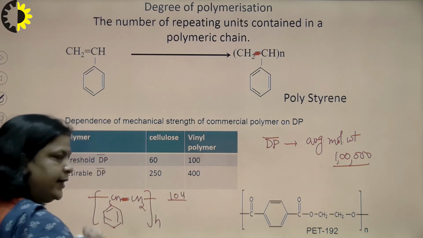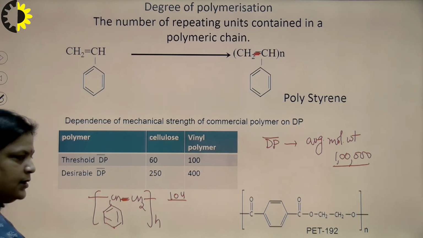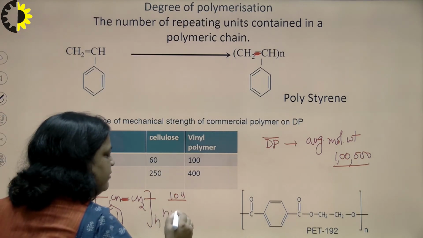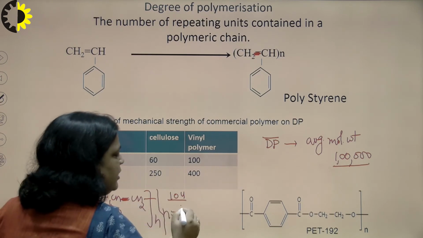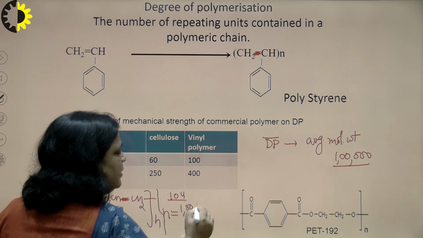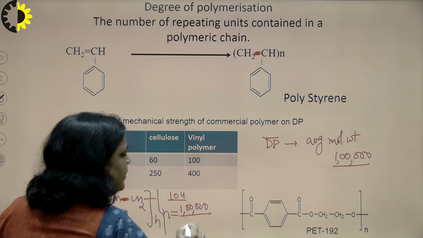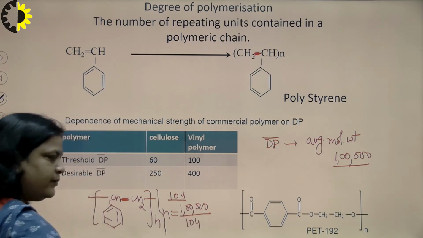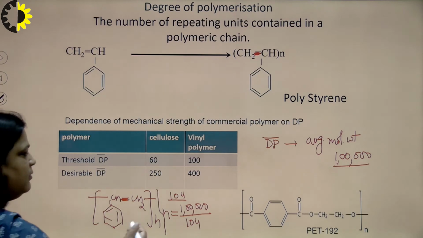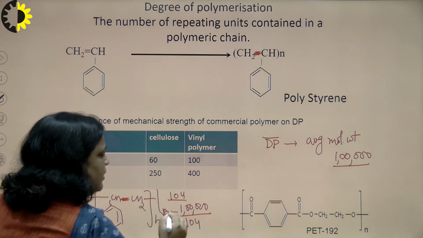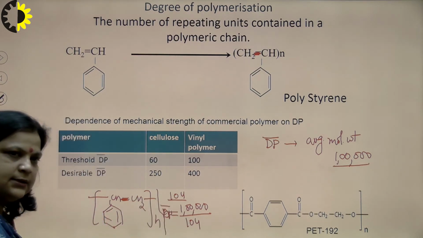So, to find the degree of polymerization, first for the structural unit we find N. N will be the average molecular weight, that is 1 lakh divided by 104, and this N will be the repeating unit, or we can say the degree of polymerization.